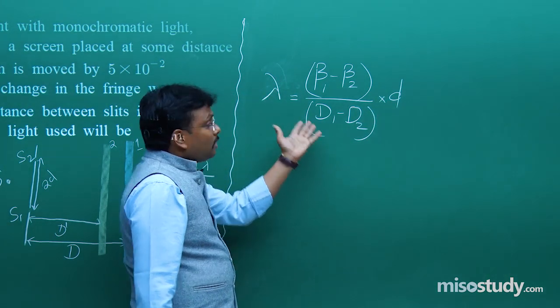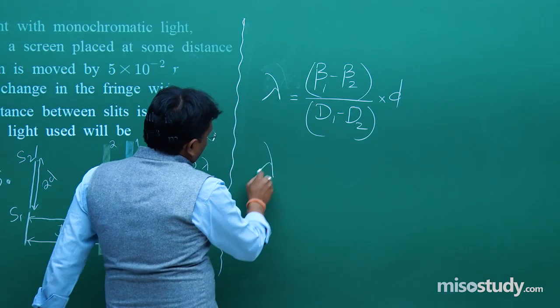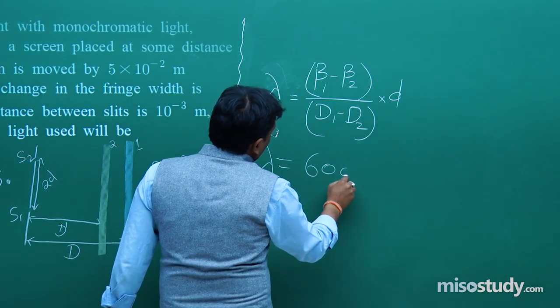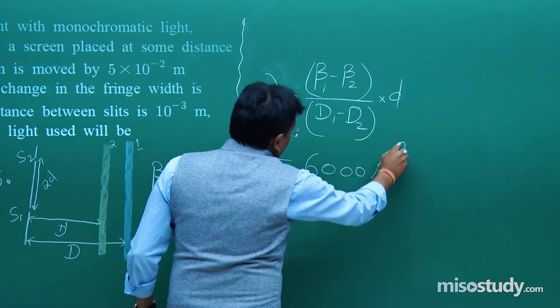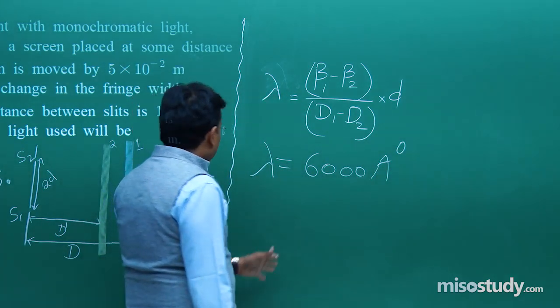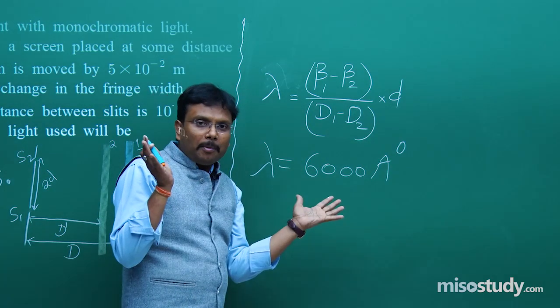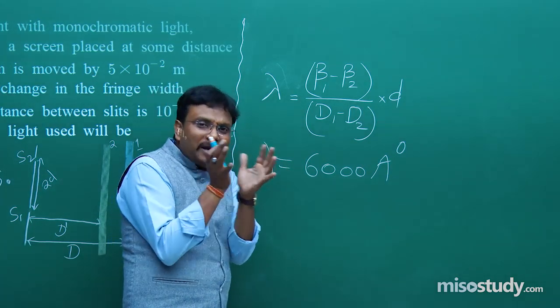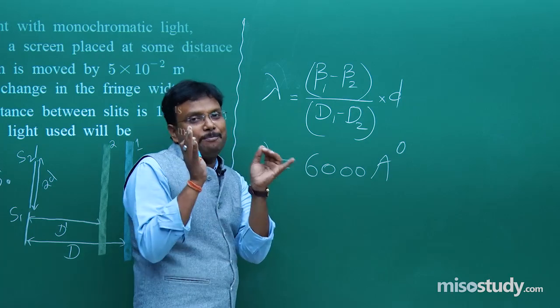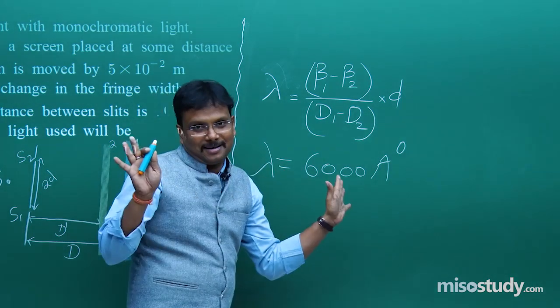Every value is given, put the values and you can get lambda. So as such, this question is not a difficult one. First you have to visualize the problem, and you can say it is a combination of two very simple problems from interference pattern.